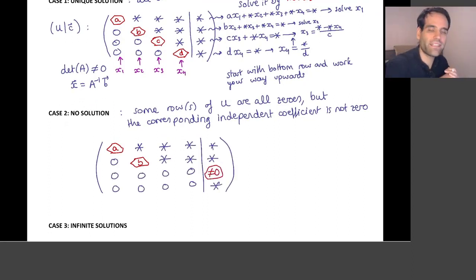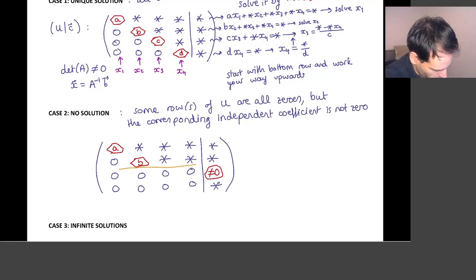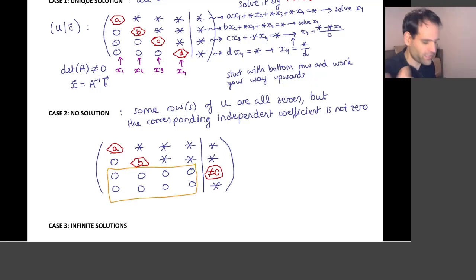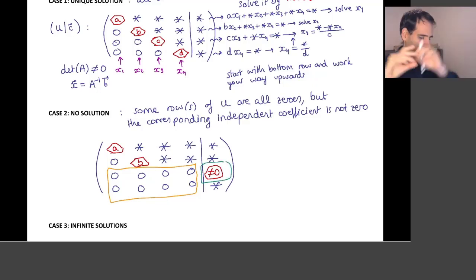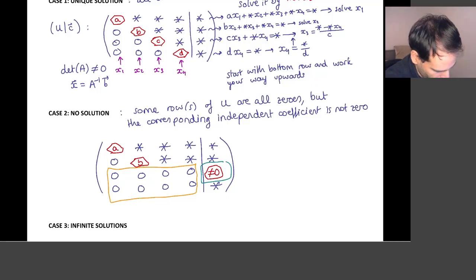So here I drew an example in which 2 of the rows of U are 0, but it doesn't have to be 2. It could be only 1, or it could be any other number bigger than or equal to 1. So we have rows where everything is a 0. And at least one of those rows has a non-zero number on the independent coefficient part of the augmented matrix.